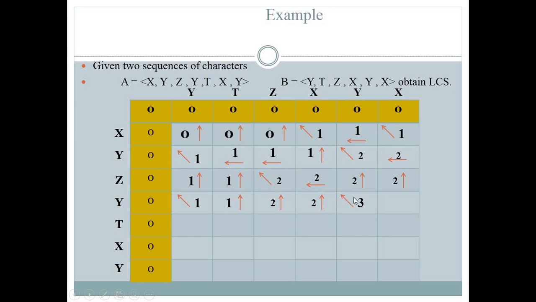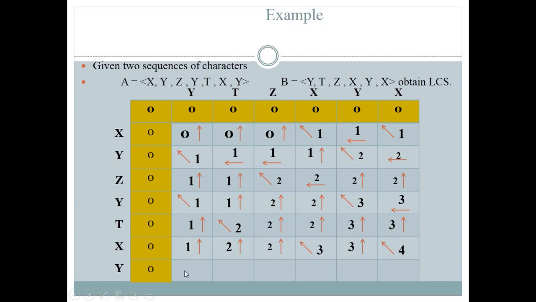Okay, so this is 3. Again we will repeat our process, so it will look like this. After it, if we check this character x with this character x, then we will put a tilde sign here. We will check its diagonal, which is 3, so we will add 1 to its diagonal, meaning 3 plus 1, 4, with the tilde sign. So this will be the value of this cell.